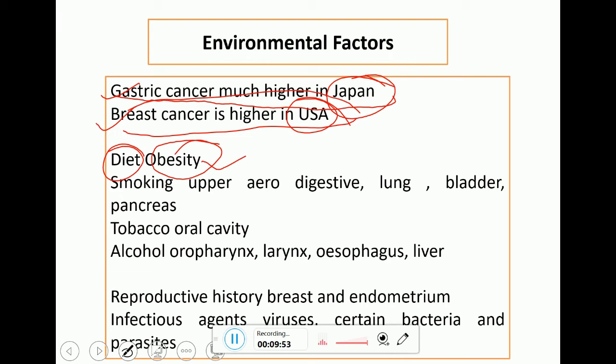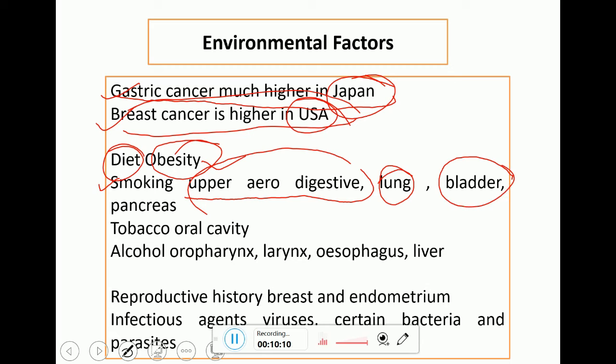Smoking is another factor linked with the development of cancer. A person who smokes has higher chances of developing upper aerodigestive cancer, lung cancer, urinary bladder cancer, or pancreas cancer. Why?